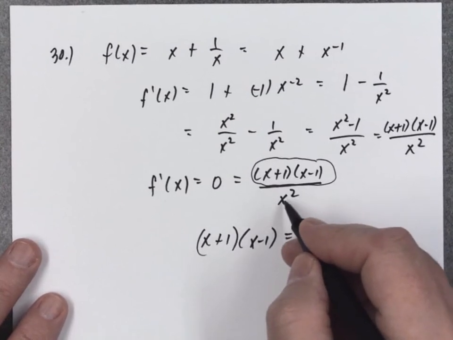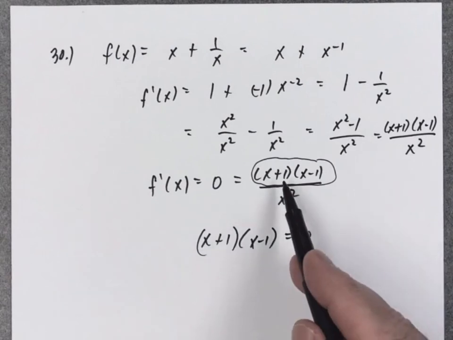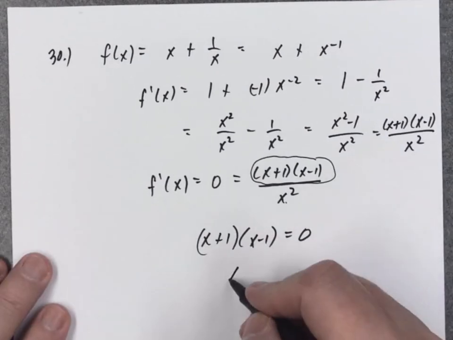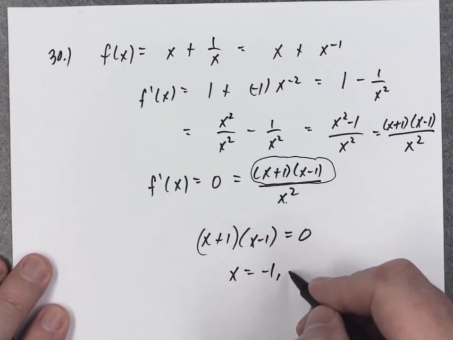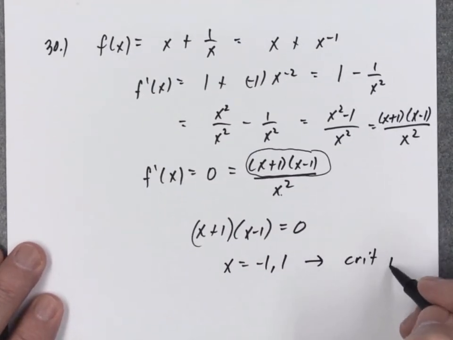There are no solutions that come from the denominator. It's almost like we can ignore the denominator when we're trying to solve a fraction equal to 0. So you take the numerator, set it equal to 0, and in this case, we have two solutions. Those are our critical points.